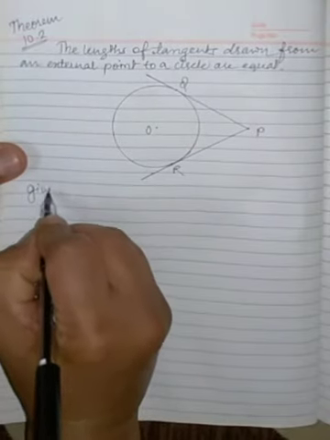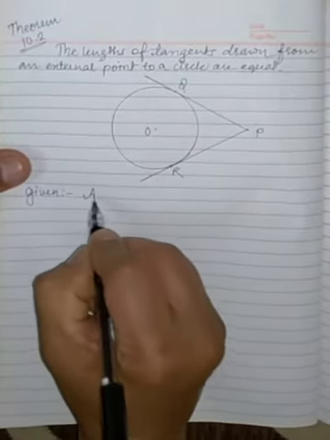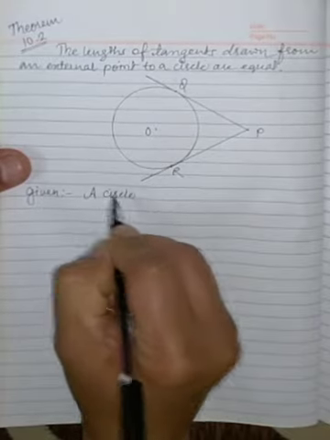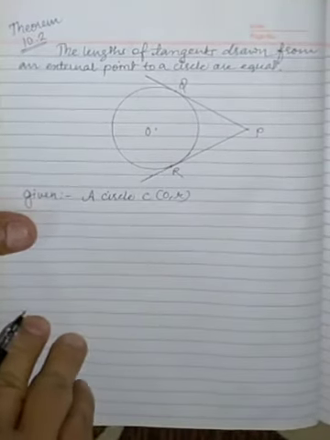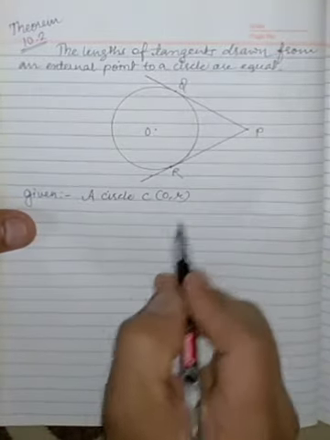So given a circle C, O, R, as usual, C is the circle, O the center, and R is the radius.